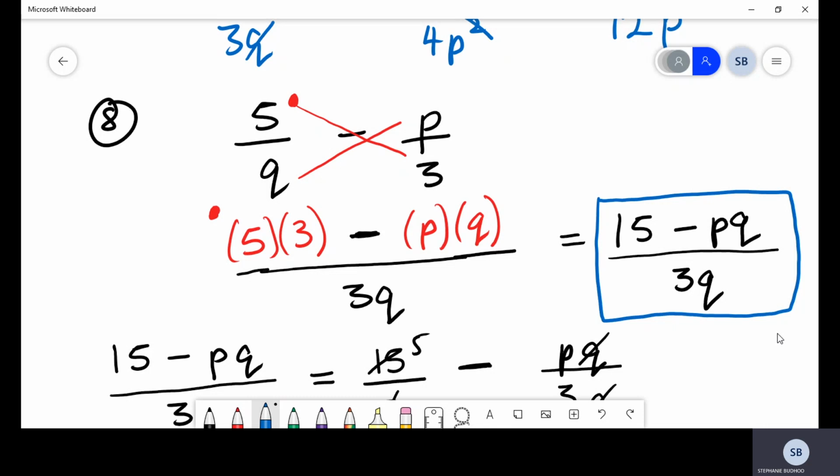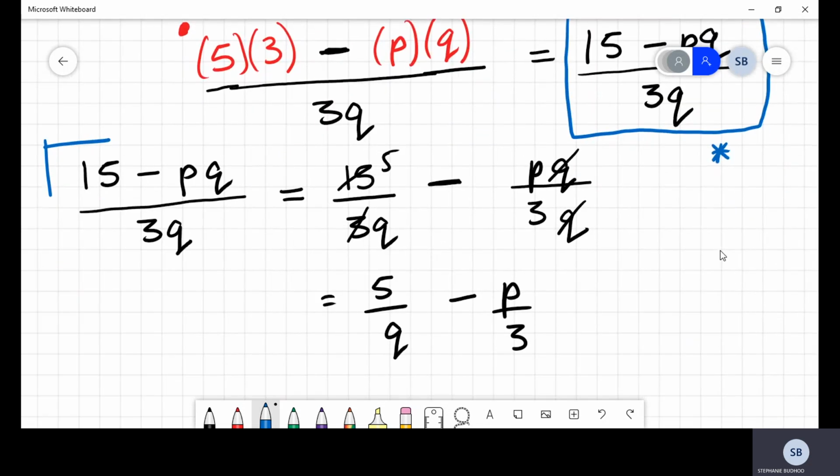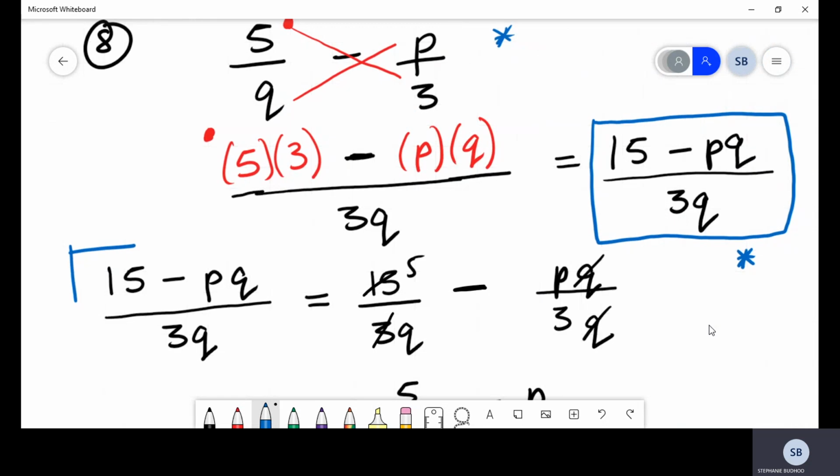A lot of students tend to separate it out, and sometimes they make mistakes, sometimes they do not get back the original question, but a simplified format for an algebraic question that involves subtraction and addition is to get one common denominator. Right, guys? So this is what happens when you go ahead and you try to separate out your terms. You'll usually end up with your original question. Just wanted to point that out.